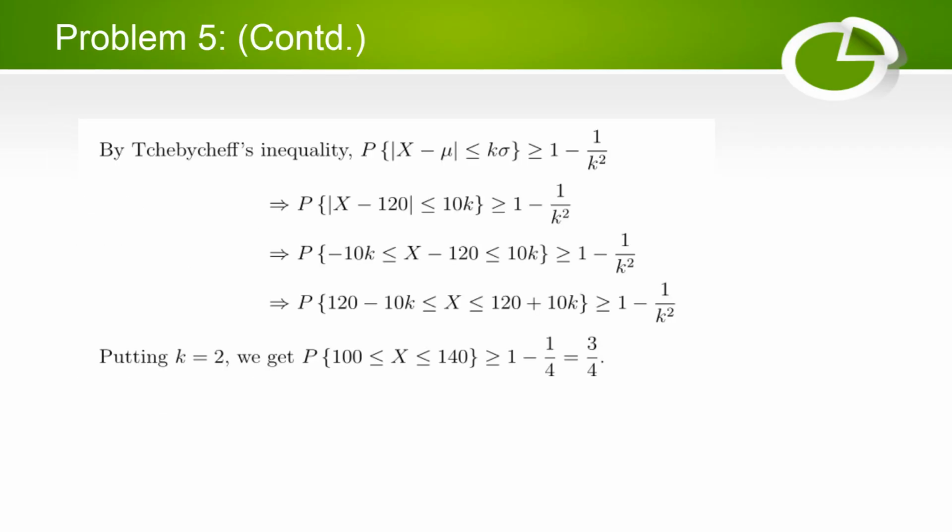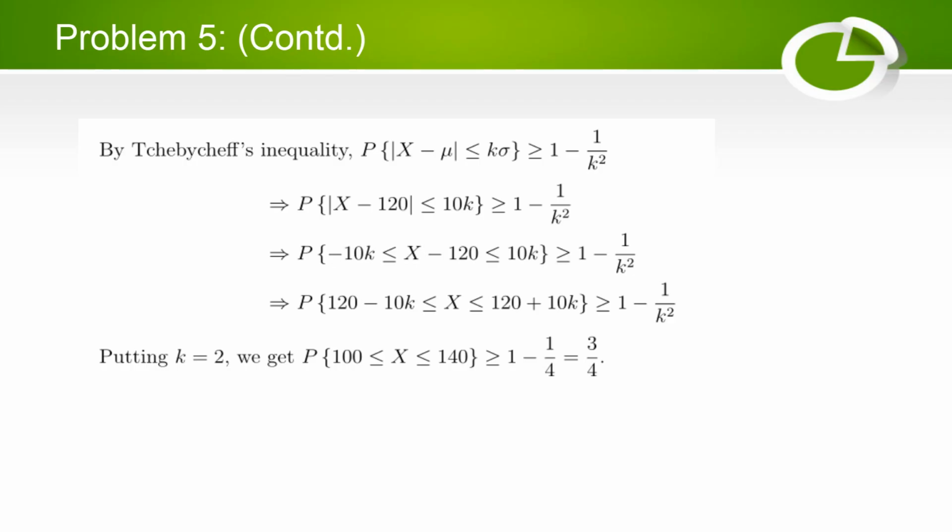By Tchebycheff's inequality, P(|X − μ| ≤ kσ) ≥ 1 − 1/k², which implies that P(|X − 120| ≤ 10k) ≥ 1 − 1/k². This implies that P(−10k ≤ X − 120 ≤ 10k) ≥ 1 − 1/k², which implies that P(120 − 10k ≤ X ≤ 120 + 10k) ≥ 1 − 1/k².